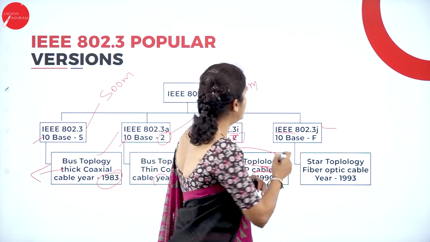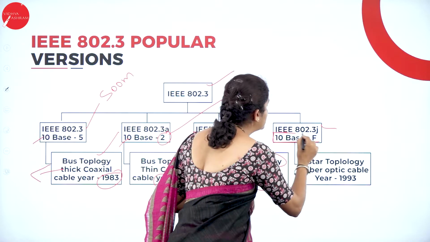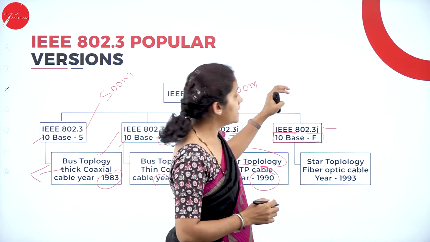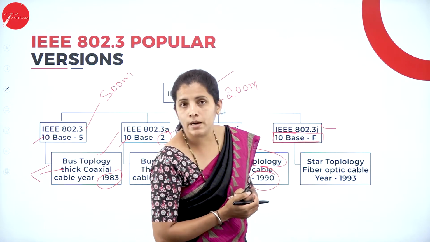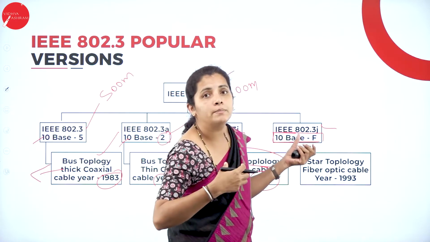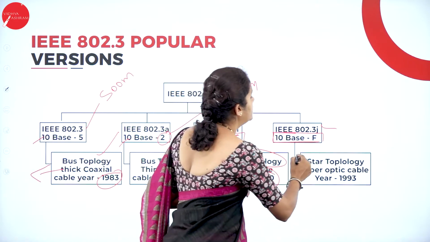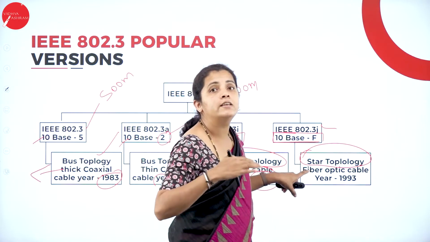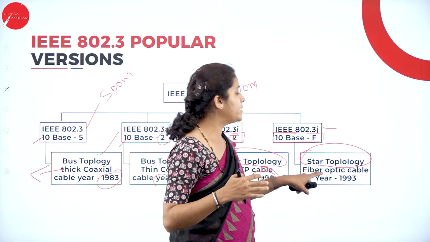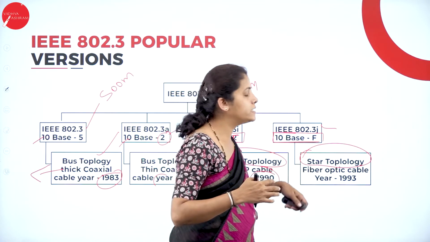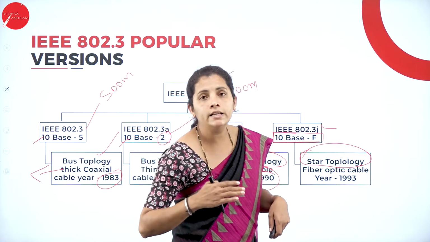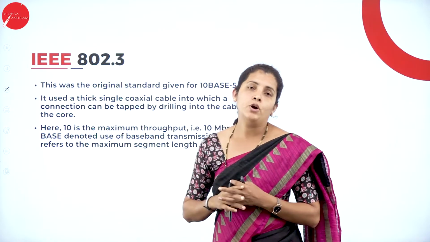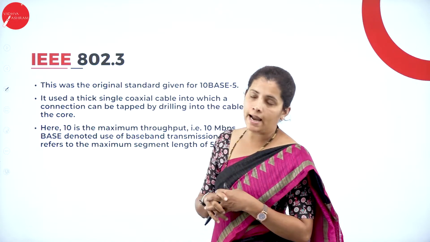The standard here is 10 base F. So here 10 is the data rate, base is baseband, F is fiber optic, and it is mainly used in the star topology, and the cable used here is fiber optic cable, and it was introduced in the year 1993.